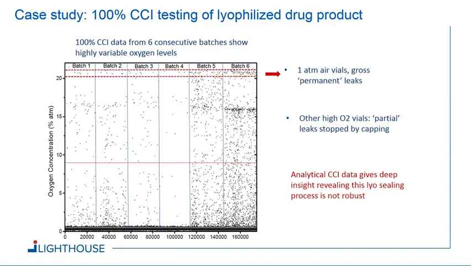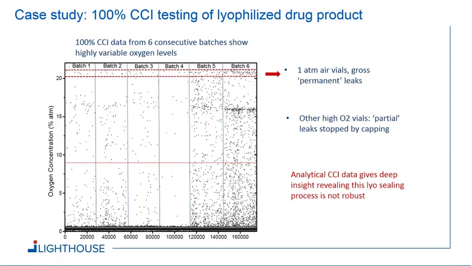So in the lyo chamber, coming out of the lyo chamber, they were leaking, but they reached the capping and crimping machine, and the leaks were actually stopped by capping and crimping. So this analytical CCI data gives really deep insight to reveal that the lyo sealing process is actually the issue and is not very robust.